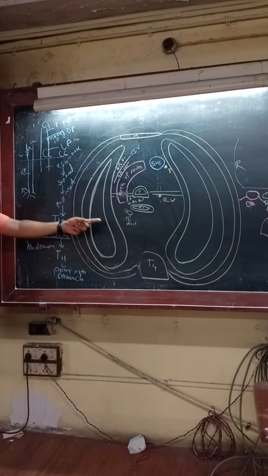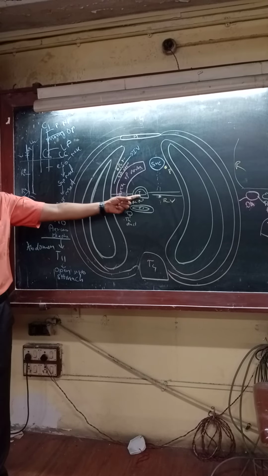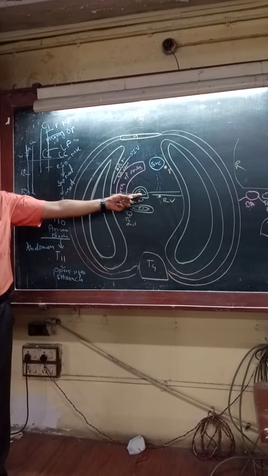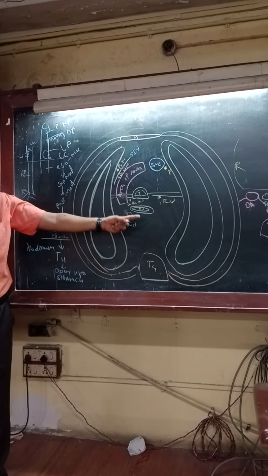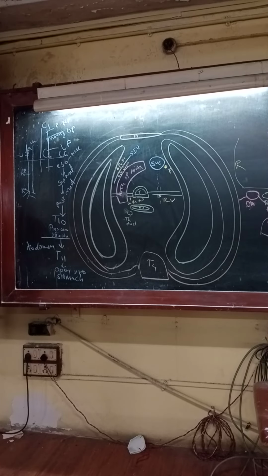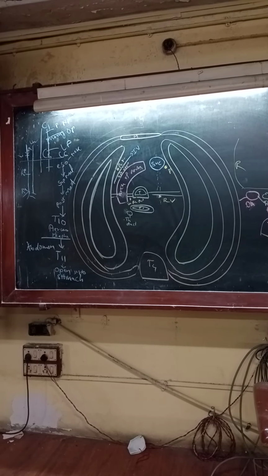So esophagus, if you want to write the relations, anteriorly is trachea. Okay? Below this, any more anterior structure you remember? Left atrium.